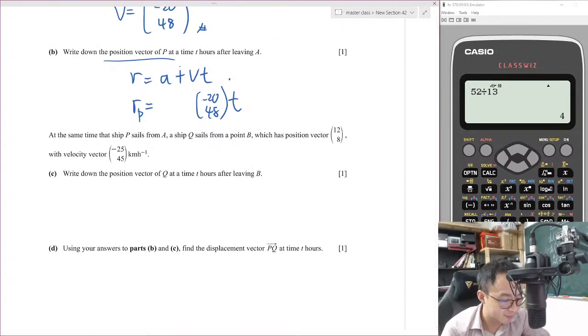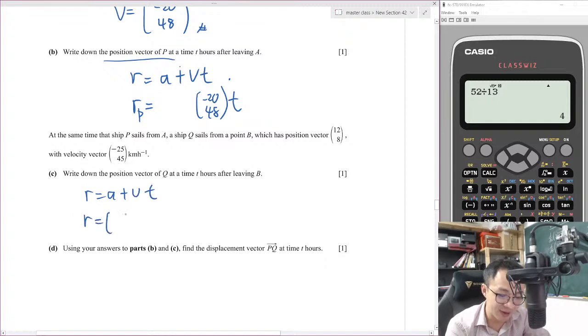At the same time, ship P sails from A and ship Q sails from point B, which has the position vector (12, a), with a velocity of (-25, 48). Write down the position vector of Q. It's easy. r equals a plus vt.